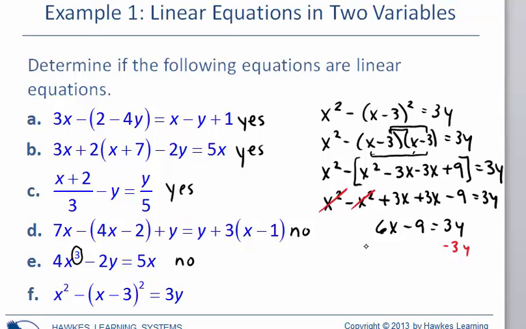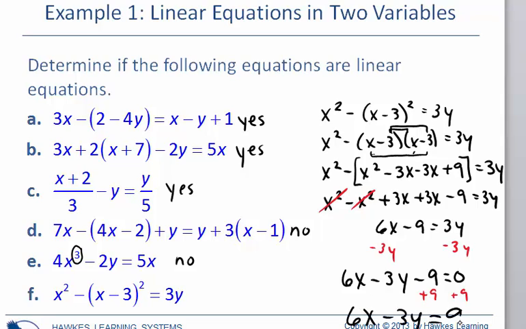We can move the 3y to the left in an effort to get it in standard form. 6x - 3y - 9 = 0. And finally, we'll move the 9 over to the right, ending up with 6x - 3y = 9. So again, a linear equation with two variables in standard form.